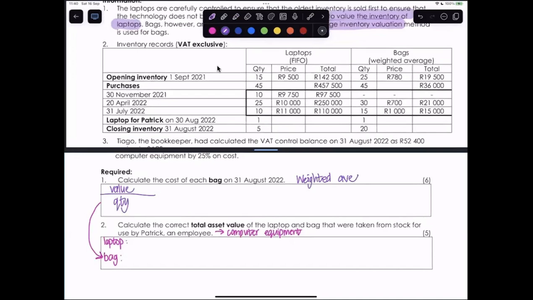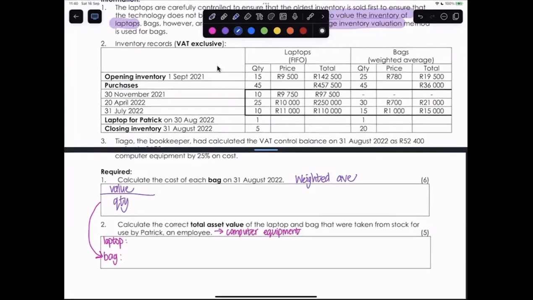We can then see that we've got some inventory records. We've got information about the laptops and we've got information about the bags. Now, the laptops, we aren't asked anywhere to calculate the value of laptops at a certain date like we are for the bags. However, we are asked to calculate for the laptop that was taken over.